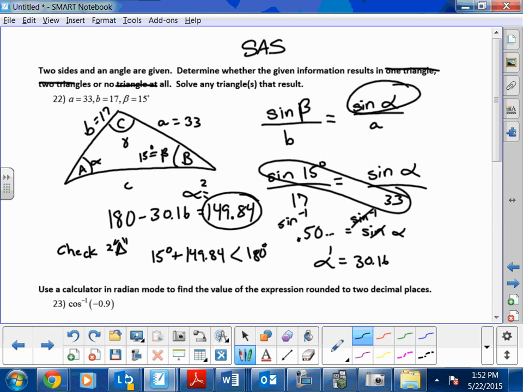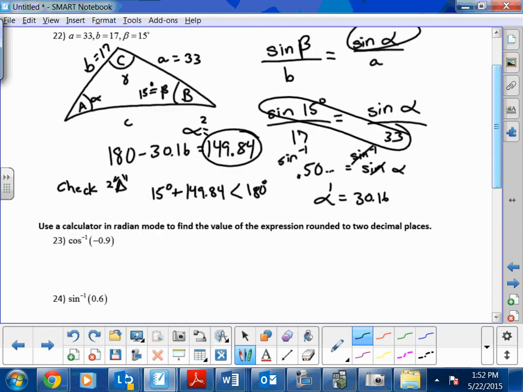So let me get into it now. I'm going to take some additional space down here just because I need to. So let's figure out what the last one is. Because we know what alpha is, we're going to use that information to figure out what gamma is. And that's done because remember, this is 30.16.